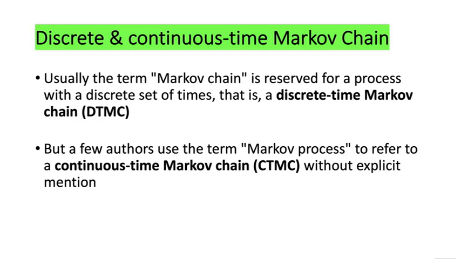Usually the term Markov chain is reserved for a process with a discrete set of time, that is, discrete-time Markov chains. And for continuous-time Markov chains, it is called a Markov process. So it is a way to differentiate between discrete and continuous time regarding the Markov.